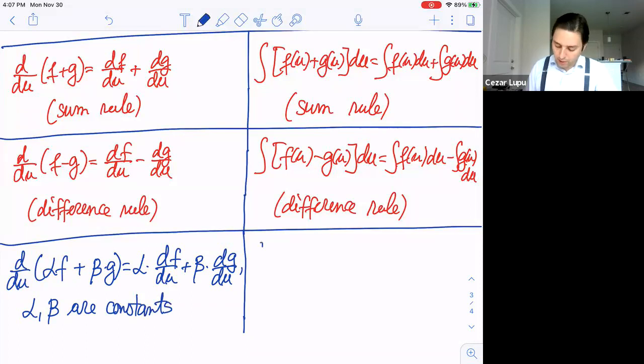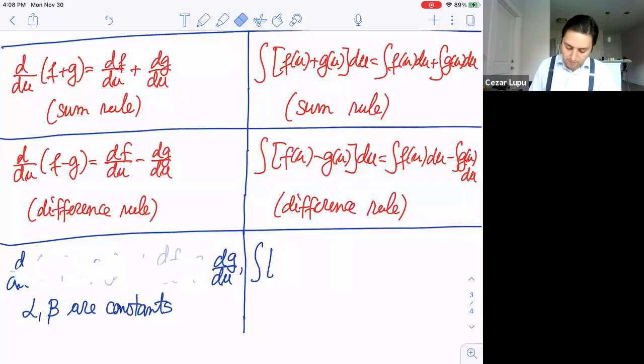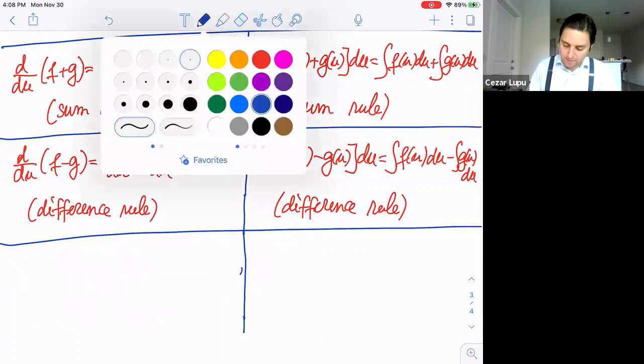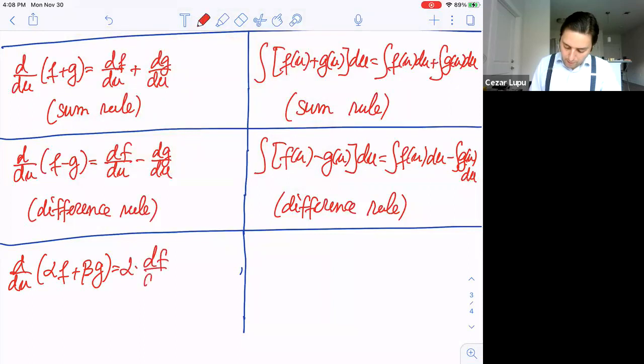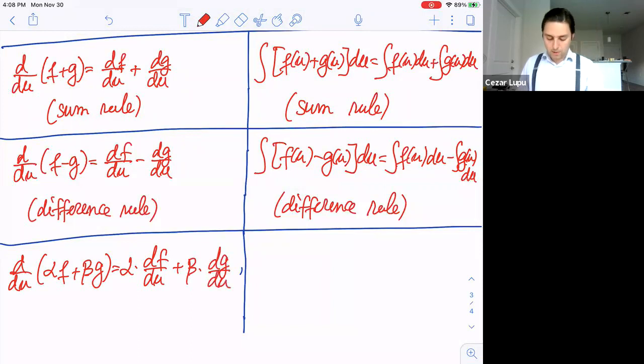And the same goes for the integral. So for the integral of, I should have written this in red anyway. Let's do it now. Oops, sorry about that. So d over du of alpha f plus beta g is equal to alpha df du plus beta dg du, and the same goes for the integral.